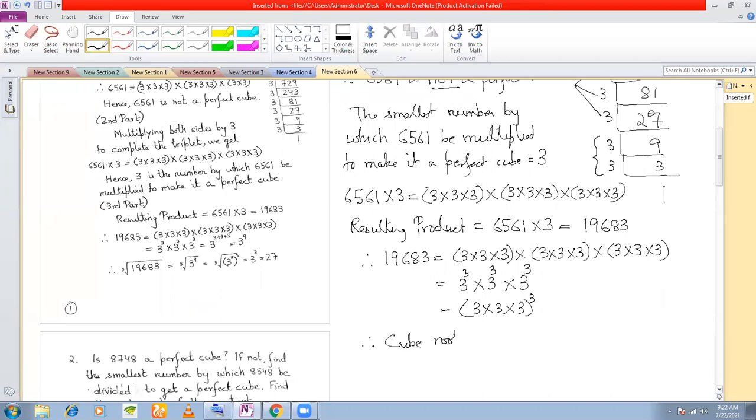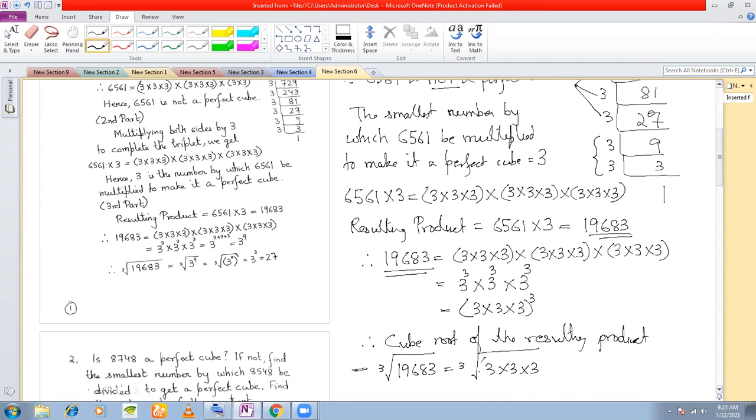So therefore what should be the cube root of the product? Cube root of the resulting product. What is the resulting product here? This one, right? This one is the resulting product. Cube root of 19683 is equal to cube root of 3 into 3 into 3 whole cube, which is equal to 3 into 3 into 3, which is equal to 27.